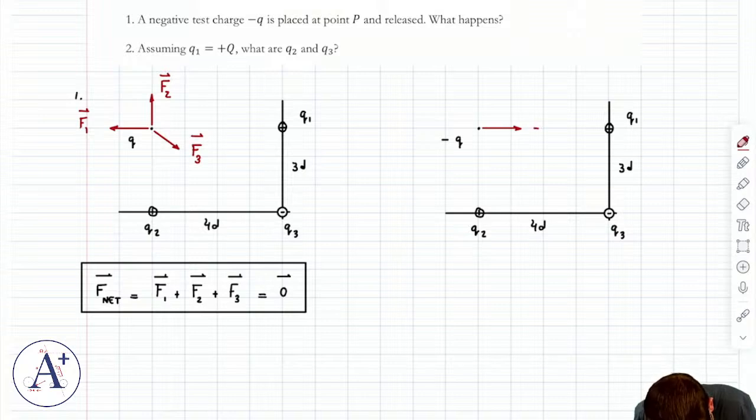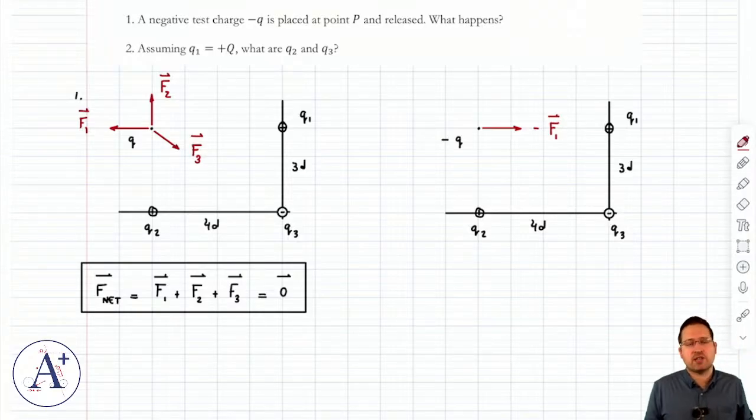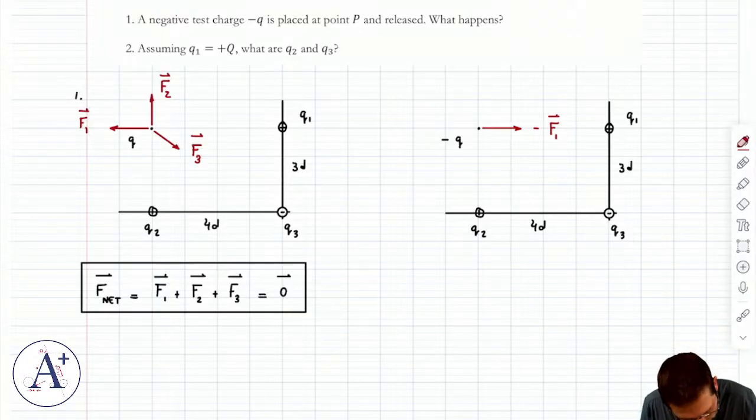So if this is going to be F1, what you're really going to have here is minus F1, right? It's just in the other direction, but it's the same magnitude as before. Q1 and Q are the same in magnitude as before, same distance. Okay, so F1 here means minus F1 here. Same logic between minus Q and Q2.